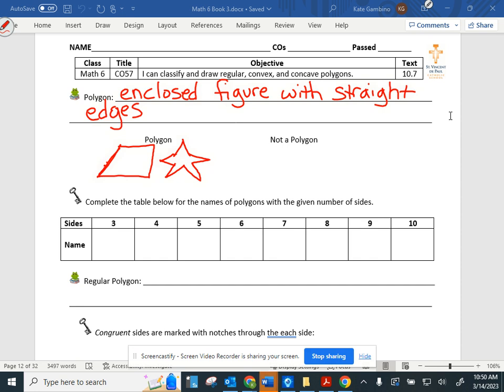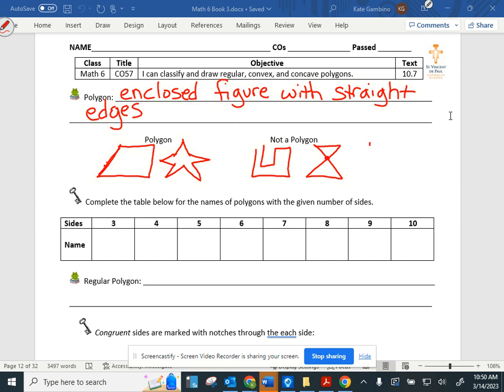Not a polygon might be something like this. It's not closed off, it's open. We could also have something like that would not be a polygon because it's two parts, not just one. So we don't want there to be any overlaps in the middle.